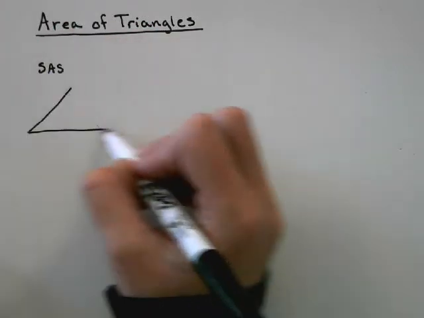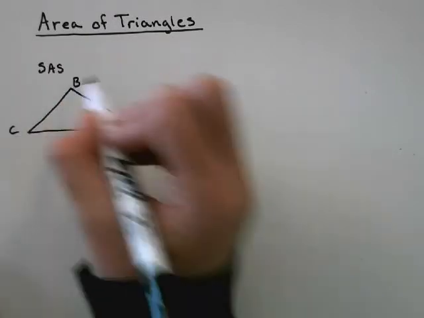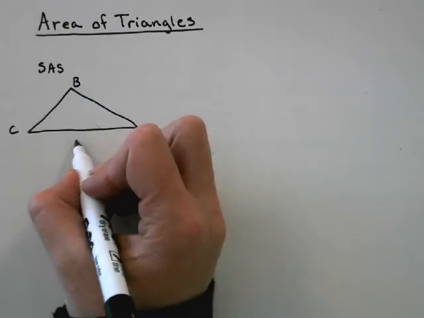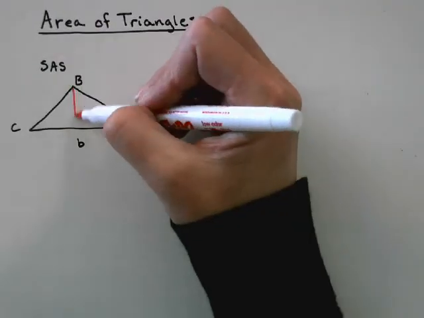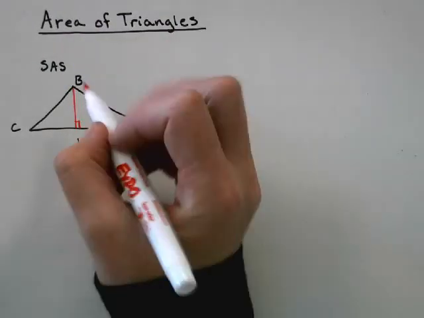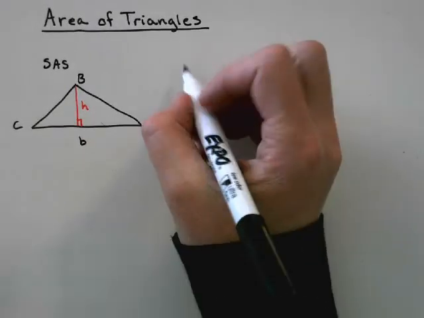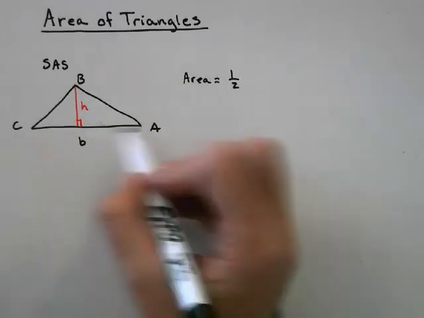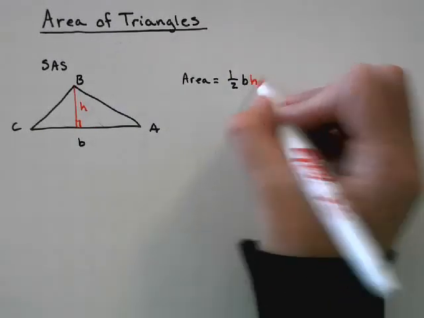I'm going to draw a triangle here. Okay, so if this is angle B, this is side B, and I'm going to go ahead and put an H in here. So we know the area of this triangle is 1/2 the base of the triangle, which is B in this case, times the height of the triangle.